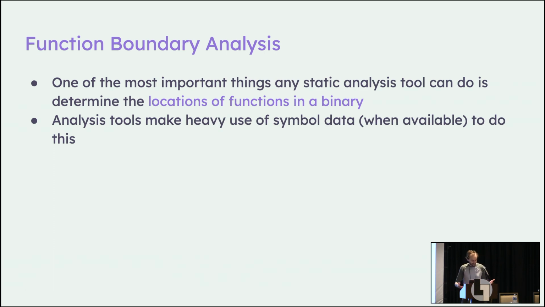But in reality, that's not really possible. You start running into things like the halting problem, fun things like that that keep you from actually analyzing a binary this way. So static analysis tools try to make use of what information is available, and symbols are really one of the biggest ways that they can do this when those symbols are available.